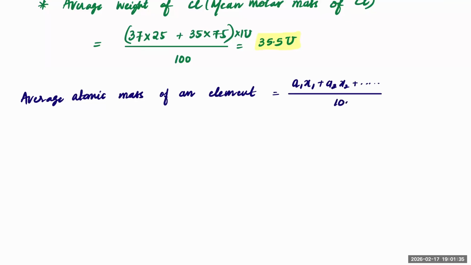That is equal to the summation of AiXi divided by 100. Got it?